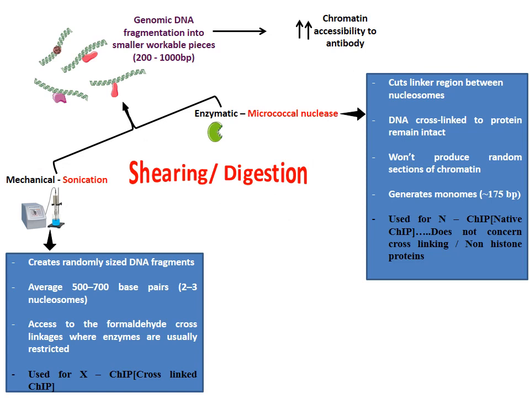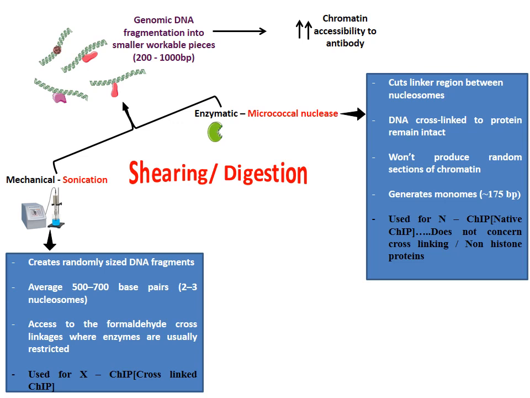The main intention of shearing or digestion of protein-DNA cross-linkages is to fragment them into smaller workable pieces, usually of 200 to 1000 base pairs. It enhances the chromatin accessibility to the antibody reagents, and whether to do it mechanically or enzymatically depends upon the expected ChIP process to use.